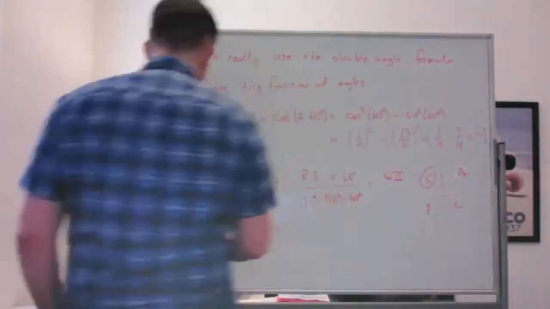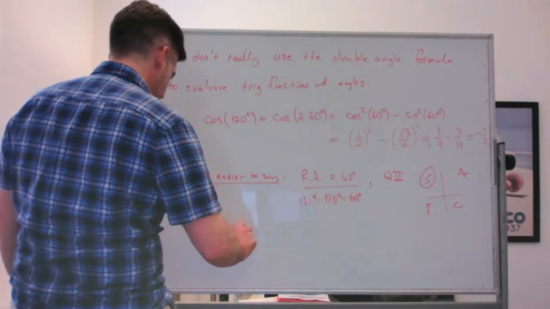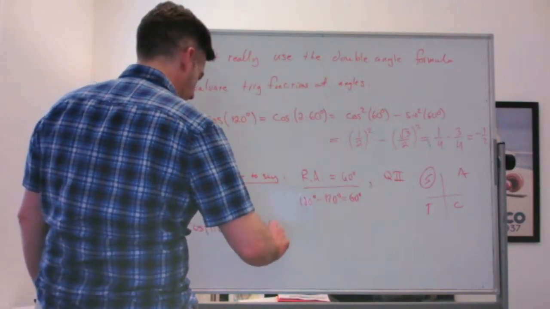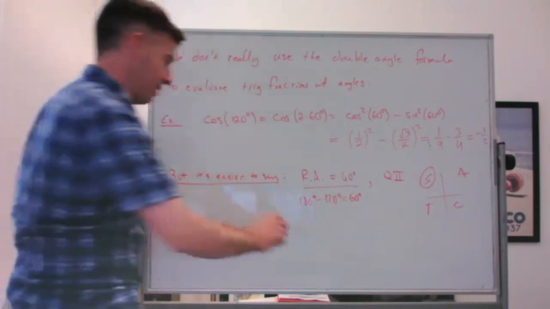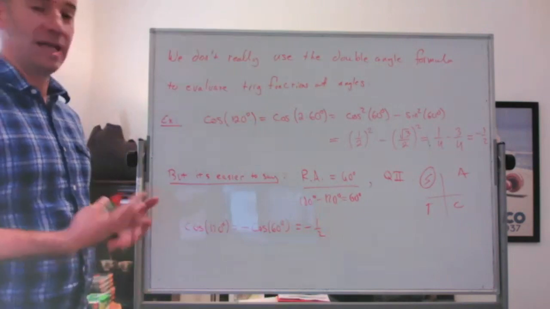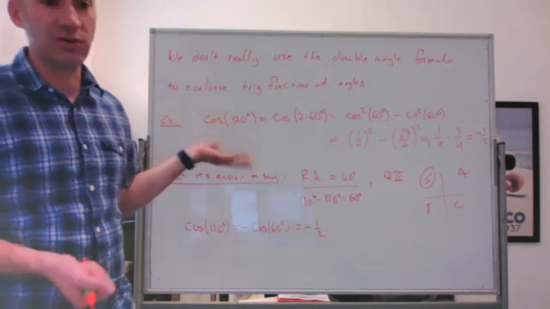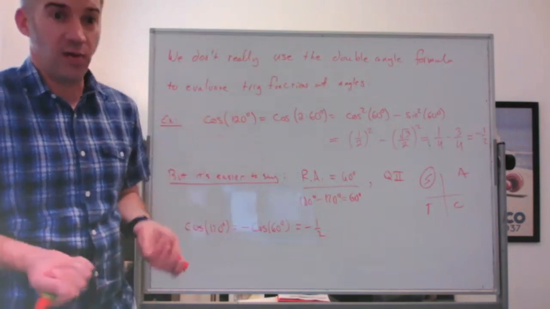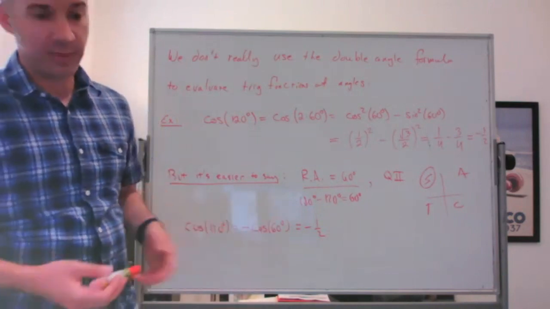So I would find cosine of 120 degrees by saying it's going to be negative cosine of the reference angle, and cosine of 60 degrees, we already said, was 1/2. That's the way I would encourage you to find something like cosine of 120. You never really want to use the double angle formula to evaluate any angles. You never should have to. There's always going to be a different way.